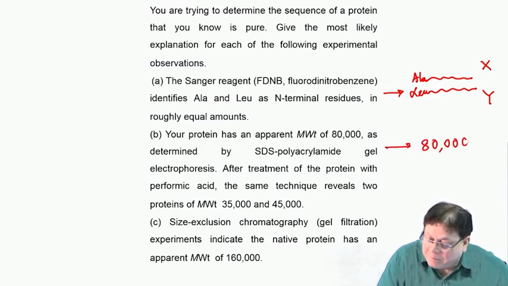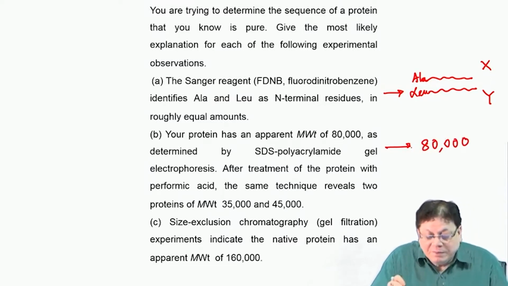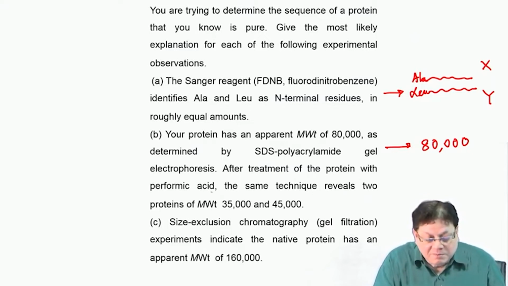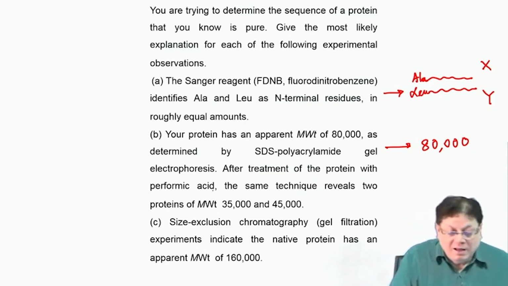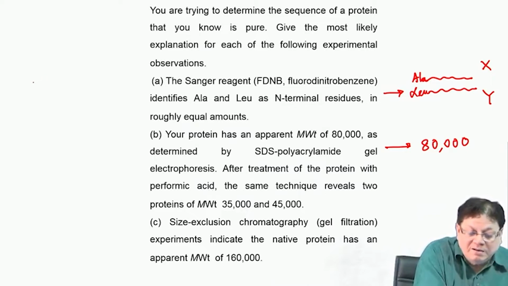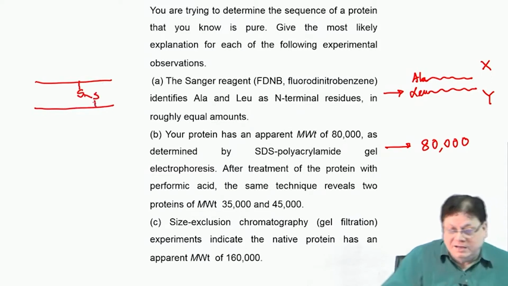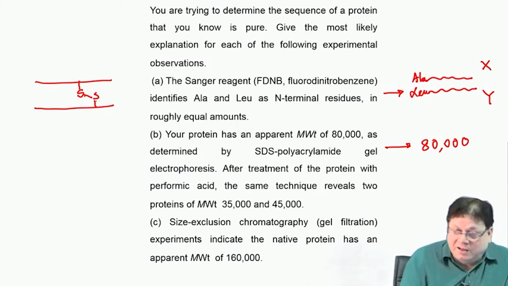Okay. On the other hand, if you treat the protein with performic acid, now I think that point we have not said anything yet, that is, if there are two chains of proteins and they are connected by disulfide linkages, that means there is a cysteine here, there is a cysteine there.